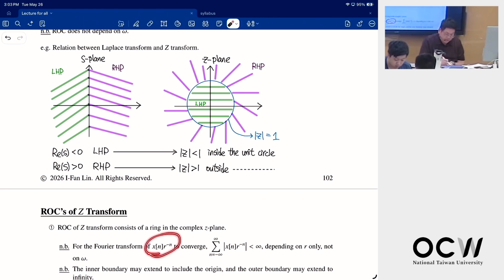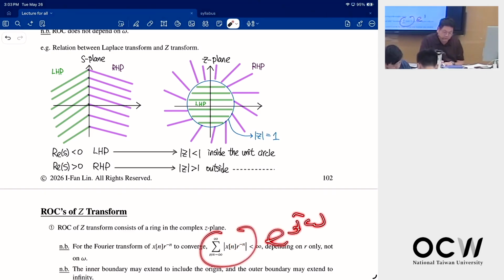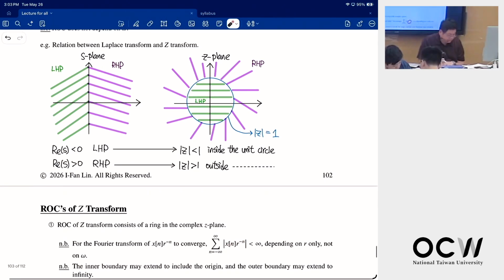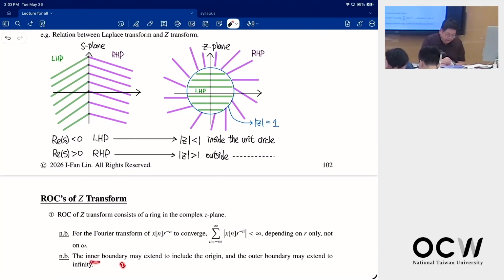So if I want this to converge, to be bounded, we only depend on r, not omega. We need to multiply by e to the j omega, but not omega; we only depend on the radius. And then the inner boundary may extend to 0, and the outer boundary may extend to infinity.